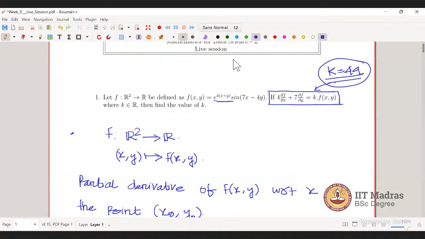How do I get hold of this PDF, the solution, after the session? Sorry, you are not audible. Can you please say it louder?